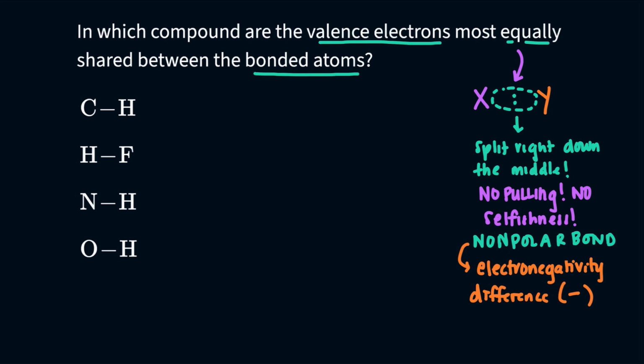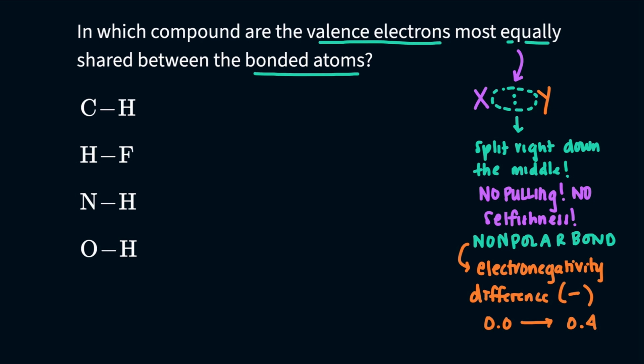You're just going to take the numbers, so the subtraction, to be roughly between 0 all the way up until 0.4. So very, very small numbers here. But in order to find out those electronegativities for these atoms, we must go to our periodic table. Now, if you are only given a periodic table that doesn't have electronegativity values, you just have to know the general trend, which we will see on our chart.